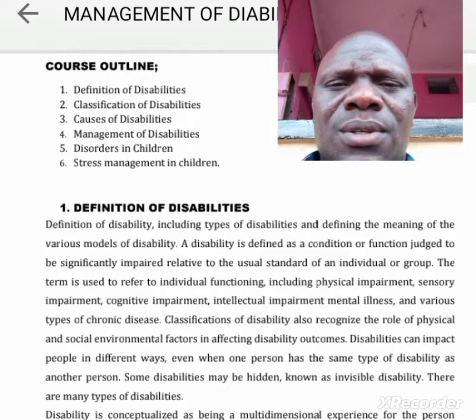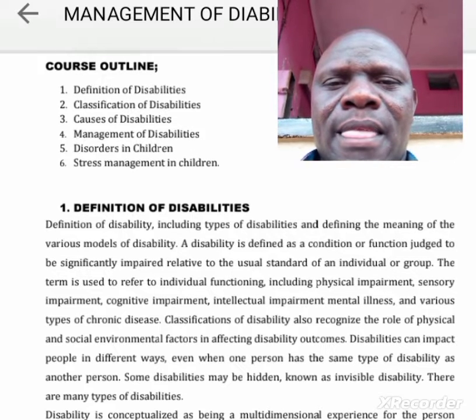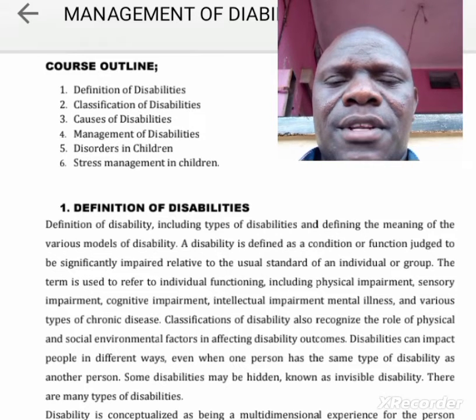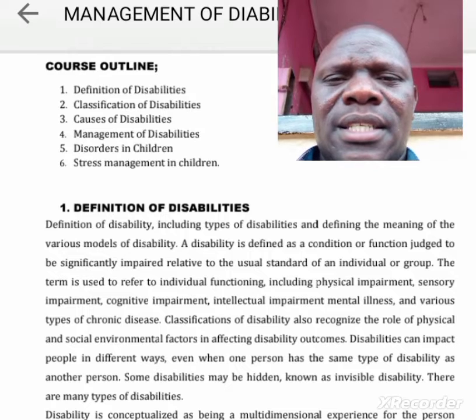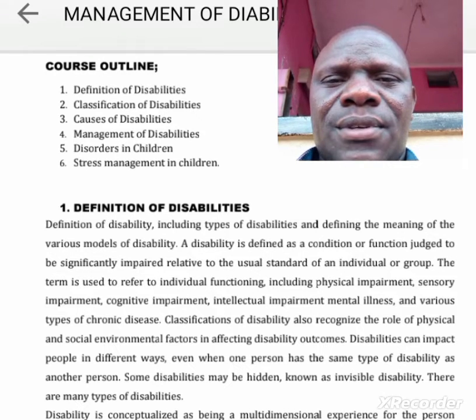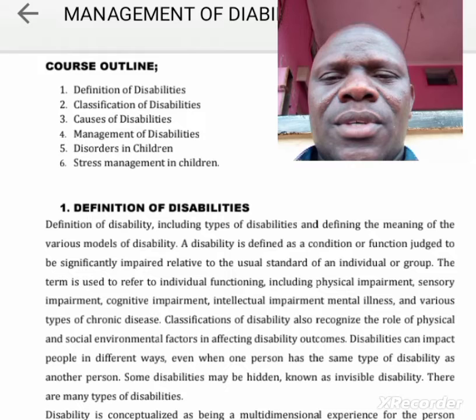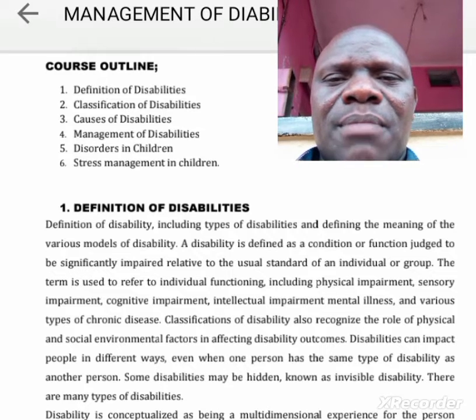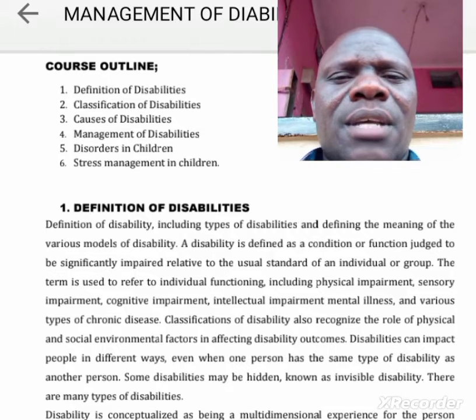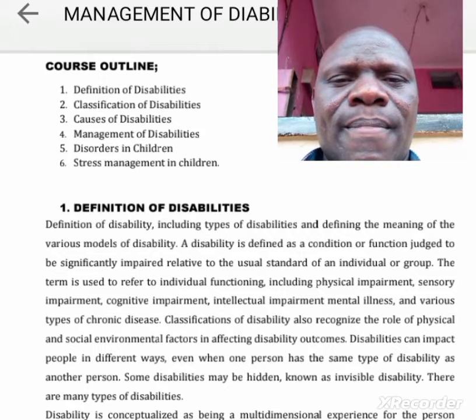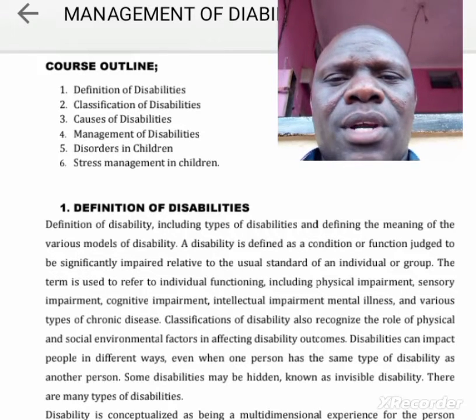According to our handout that I have developed, we shall define disabilities as follows: disability of children, including types of disabilities, and defining the meaning of the various modes of disabilities.